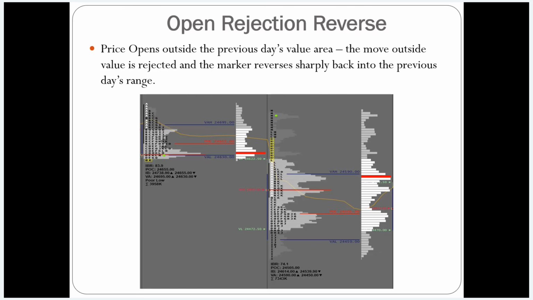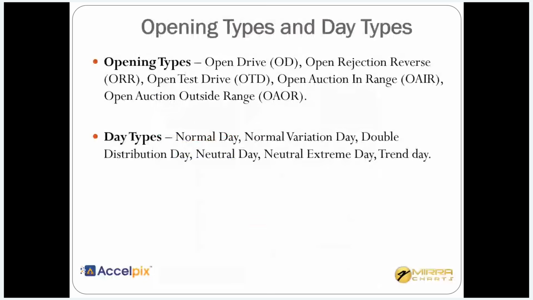So again, I will just go to the slide here. Market profile can be used for two things: one for intraday and one for positional. To use it intraday, we need these open types. For swings, we need day types.